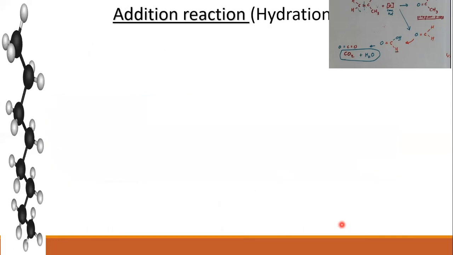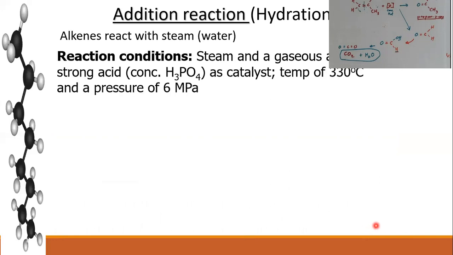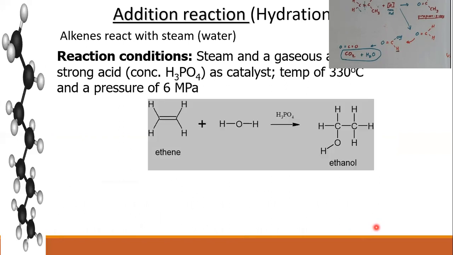Okay. Addition reaction with hydration. So what is hydration? This is easy. Hydration is where we add water to it. So there's my reaction. Water is added to it. Remember, our conditions, high temperature, high pressure, and a strong acid. It could be sulfuric acid as well. There's our reaction. I did the simplest molecule for you.